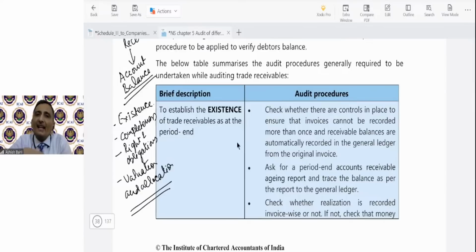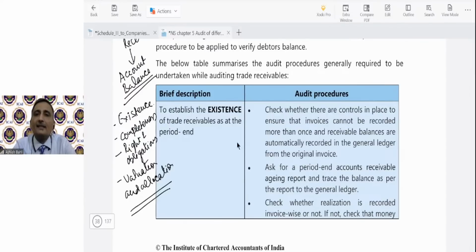Now, since trade receivables are also account balances, we shall be reading about these assertions. We shall be reading how an auditor verifies these assertions relating to trade receivables. So first assertion is existence. So what does existence mean, students? Existence means that trade receivable balances in fact exist. These are not fake.